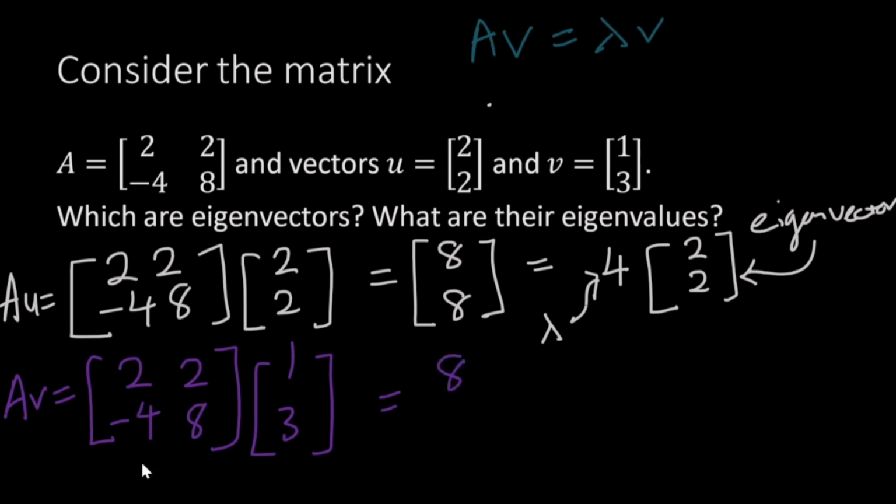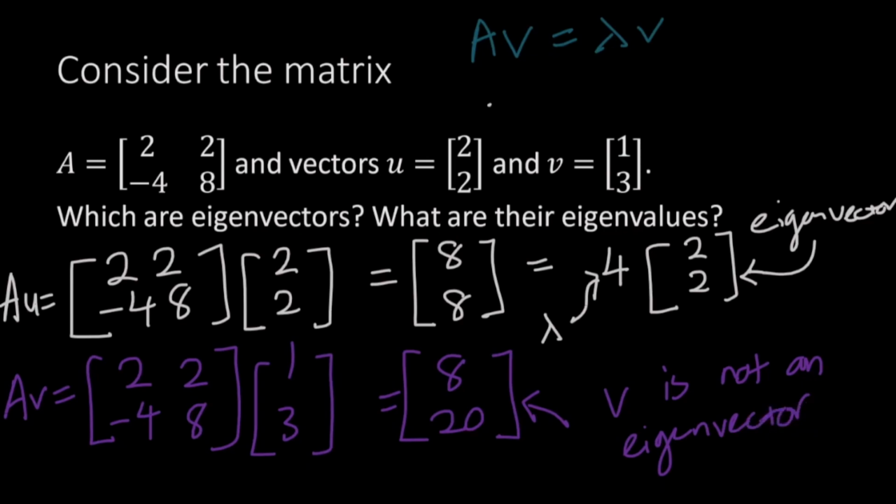And the second row multiplied by vector v gives us negative 4 plus 24, which is 20. Now this new vector could not be rewritten as a multiple of vector v. So in this case, v is not an eigenvector of matrix A.